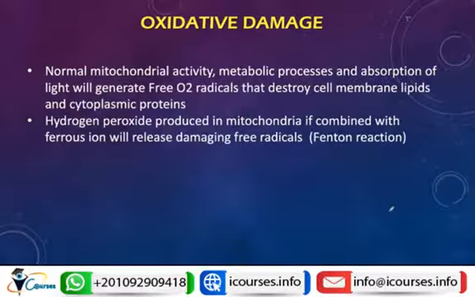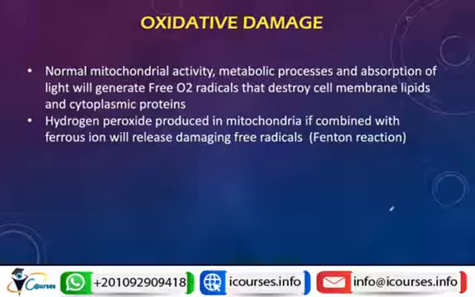So we spoke about oxidative damage, or oxygen-free radicals. What is meant by oxidative damage? There are some metabolic activities that occur within the cell, in the mitochondria, and as we know, the mitochondria is the house of energy within the cell.